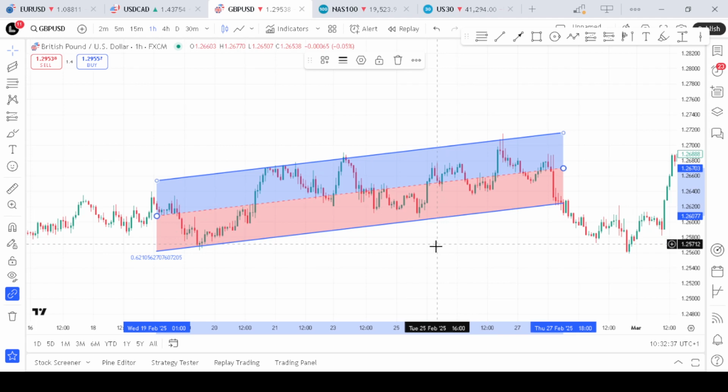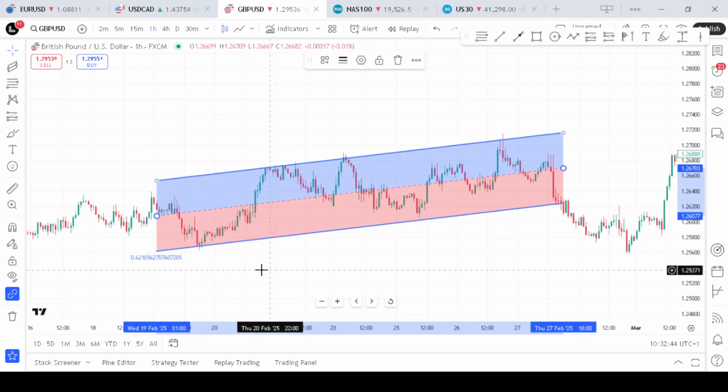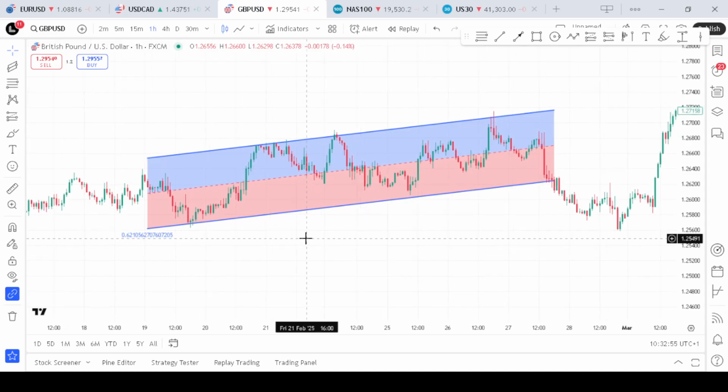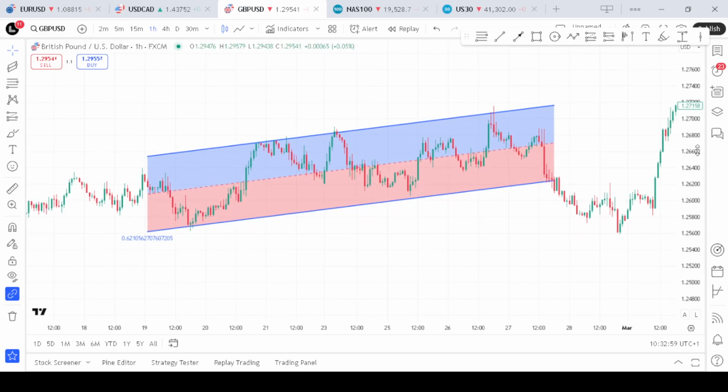The regression line is in the middle, do not forget, and it also has two parallel lines above and below. These outer lines typically represent one or two standard deviations from the center line, creating a channel that comprises most of the price action.